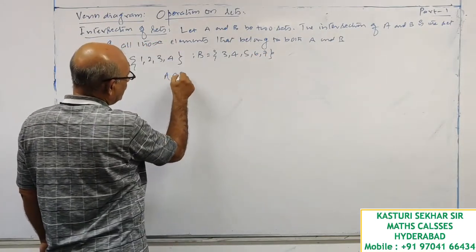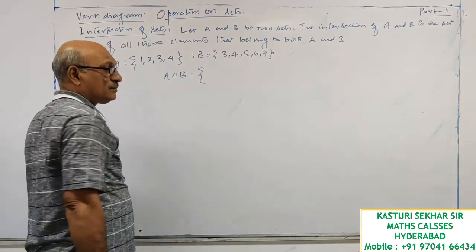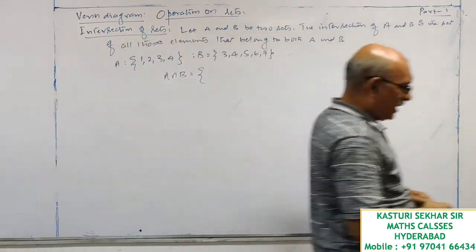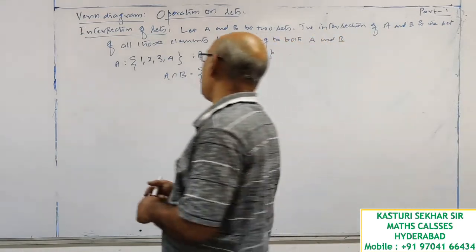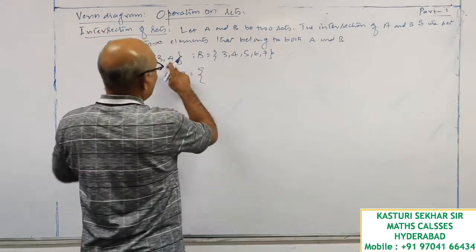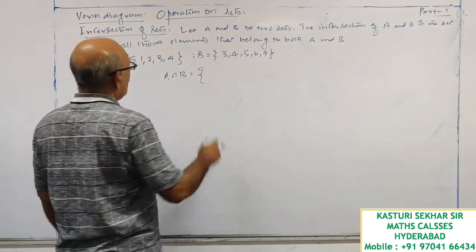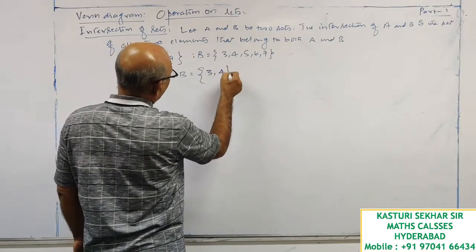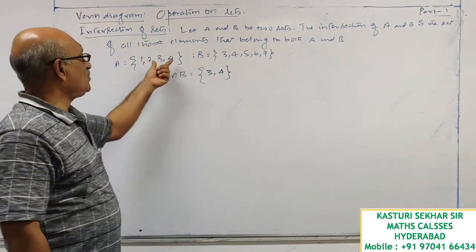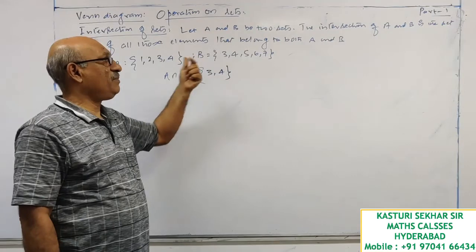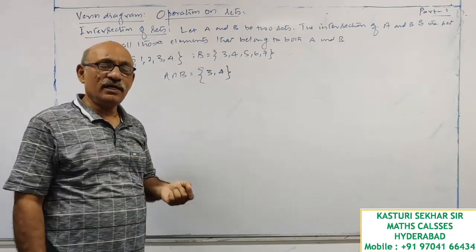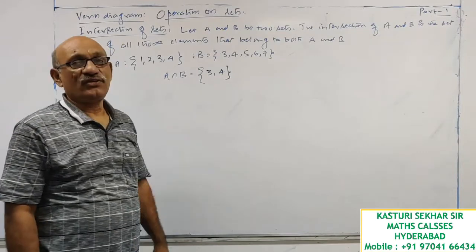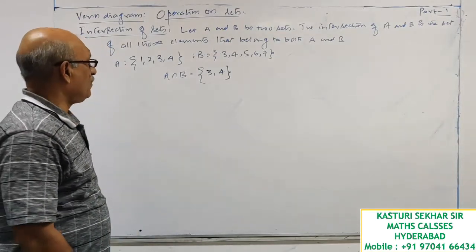A intersection B is also a set, and it contains the elements which are in A as well as in B. Only two elements, 3 and 4, are in A and in B. So A intersection B is equal to {3, 4}.